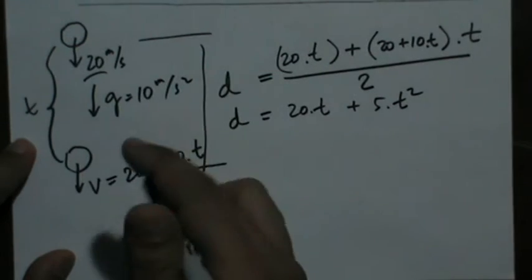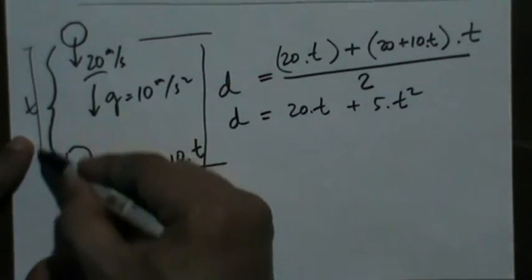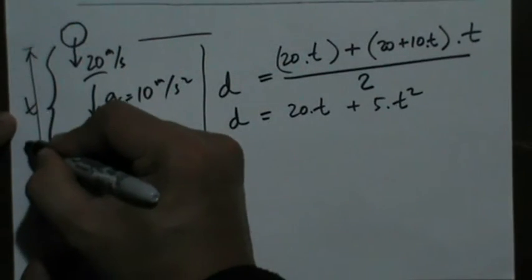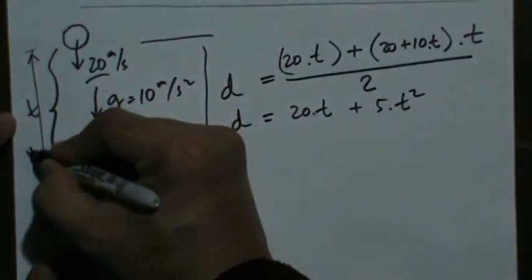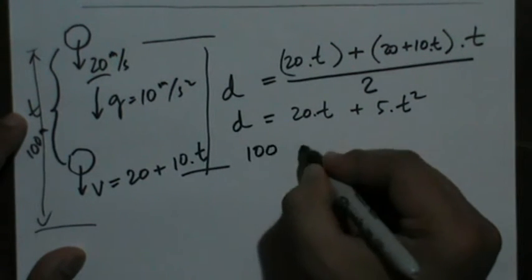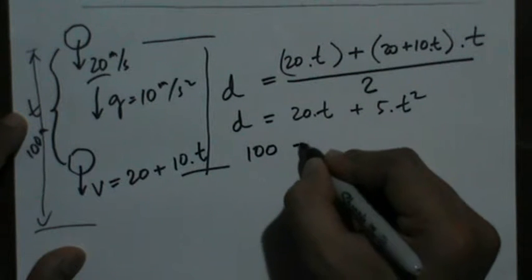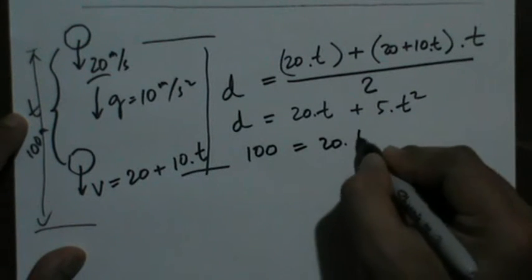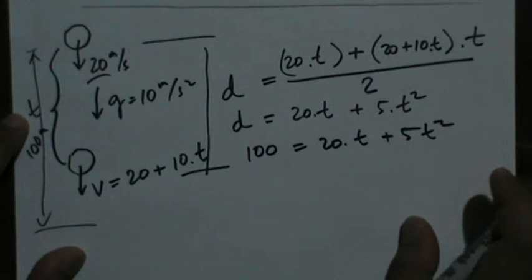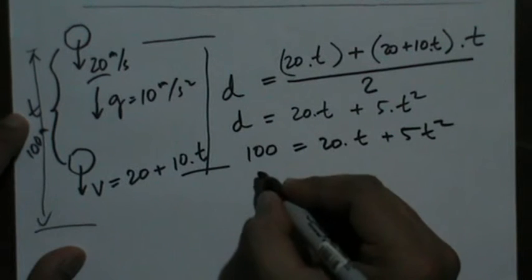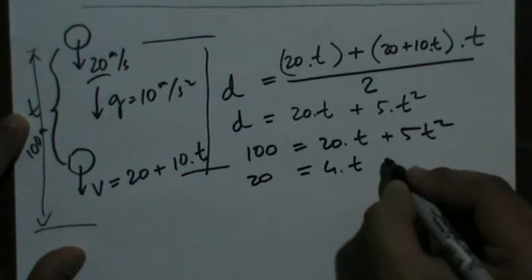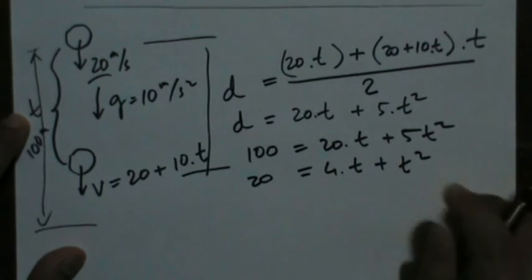Alright, now the ball will travel to the ground, and the distance to the ground is 100 meters. So here we can put this number 100 meters, and it's equal to 20 times t plus 5 times t square. So you get 20 is equal to 4 times t plus t square.